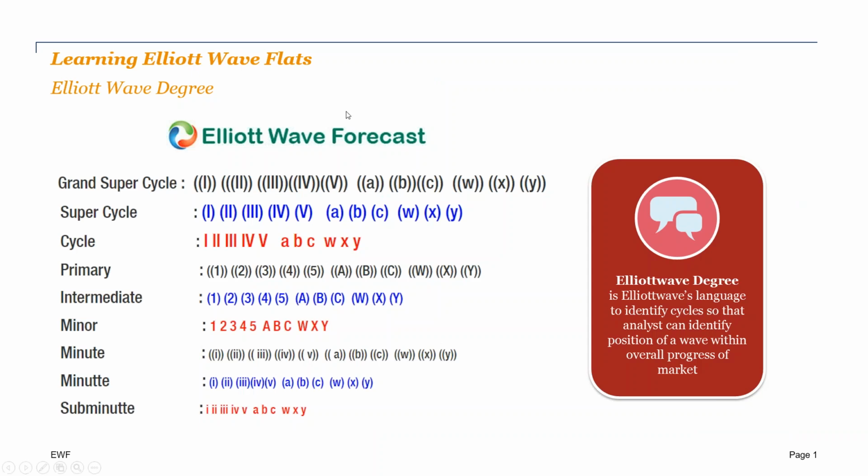All right, so this is a very quick piece of information here. For you to understand Elliott Wave and how to read any Elliott Wave structure, you really need to understand the different Elliott Wave degrees. In Elliott Wave, we have at least 9 different degrees, from the sub-minuette all the way to the highest degree, grand supercycle.